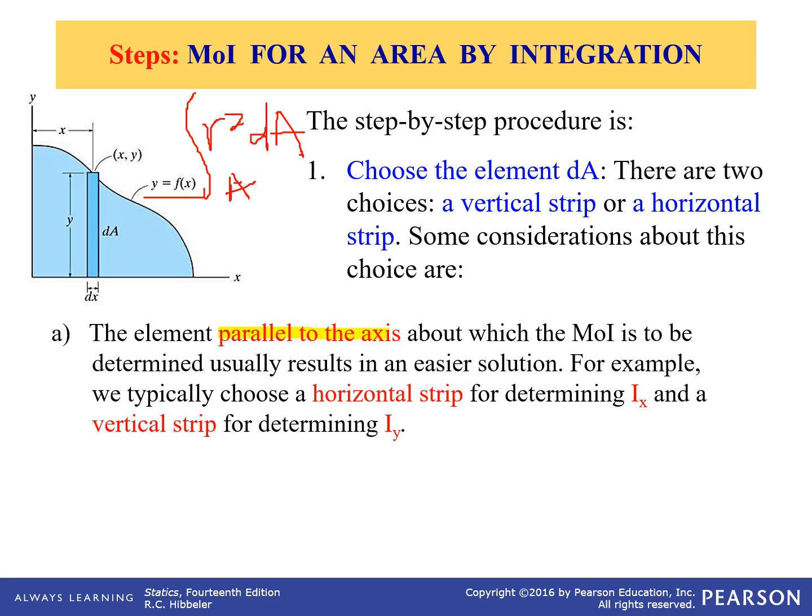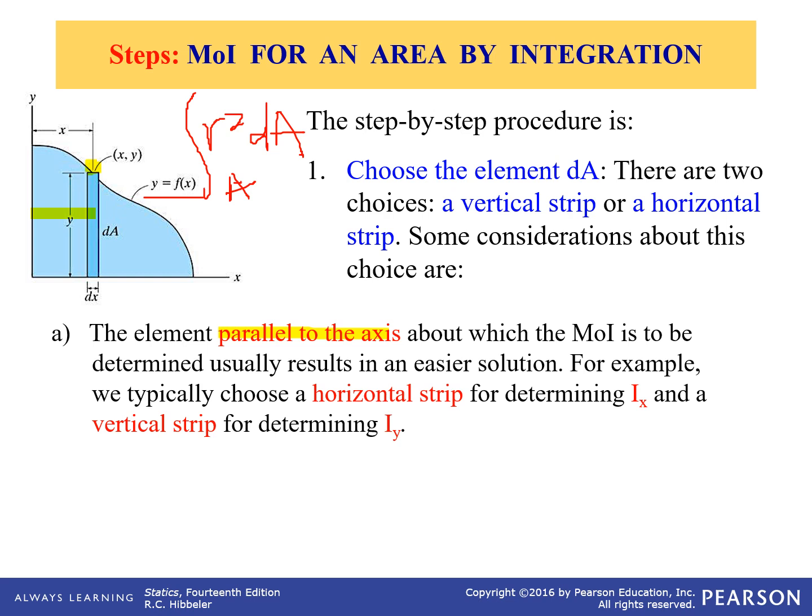Because if we choose it in this way, the perpendicular distance from the strip to the axis is the same, a constant value. In this case, it is x. Again, we choose this vertical strip at a point x, y located on this curve.